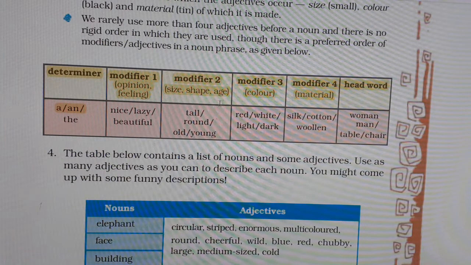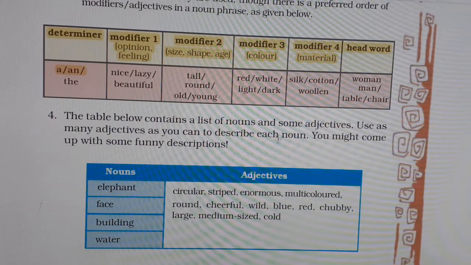Suppose I want to describe a table, so you can say I have a nice round wooden colored table. Okay, you may use these modifiers to make your own sentences and jot them down, at least make 4 sentences out of this.